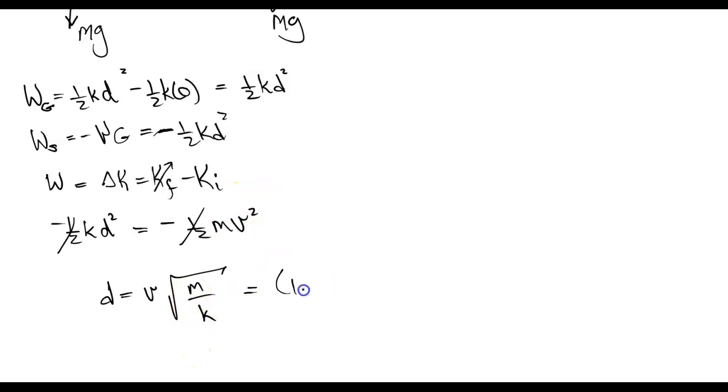We're told that we have a 1.5 meters per second speed. We're told that the mass is 0.1 kilograms and that the spring constant is 20 newtons per meter.